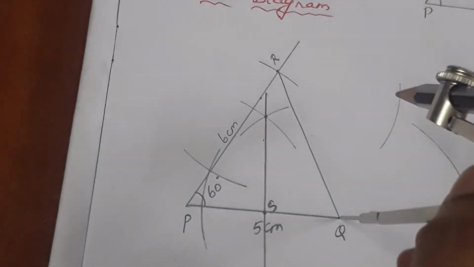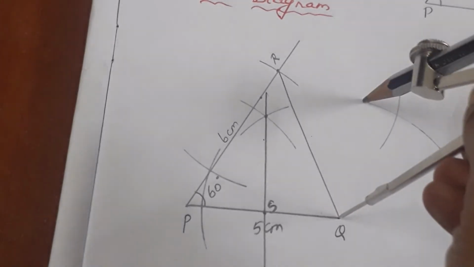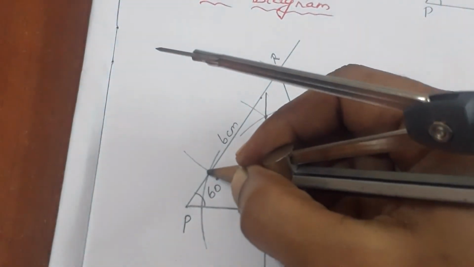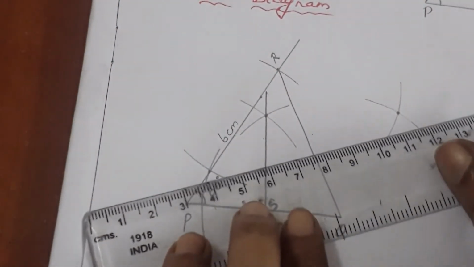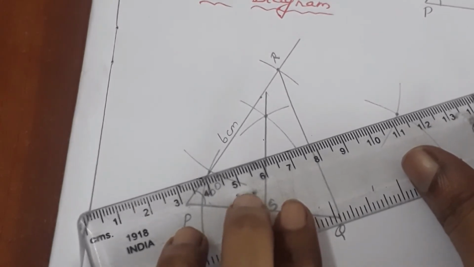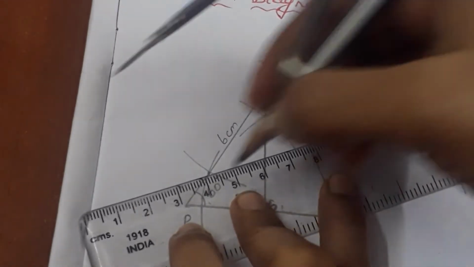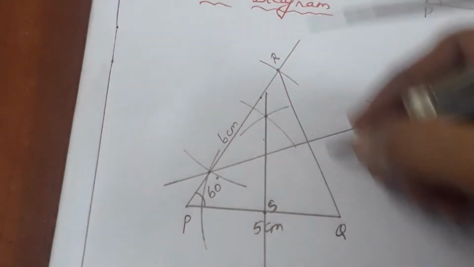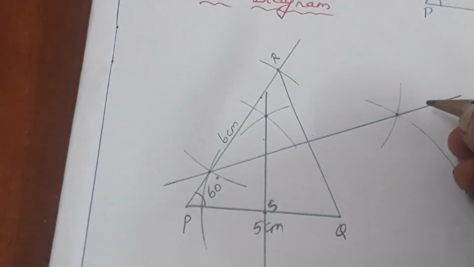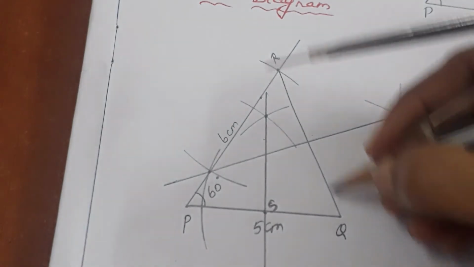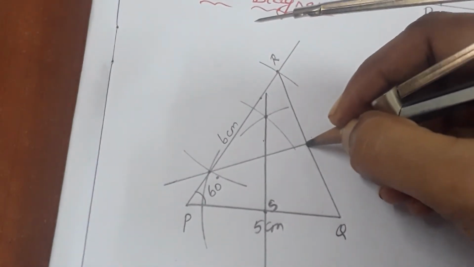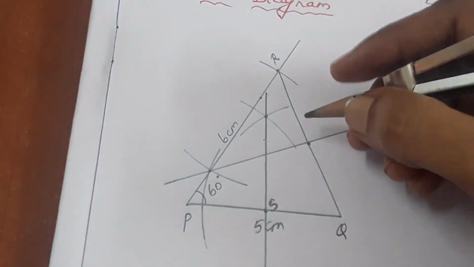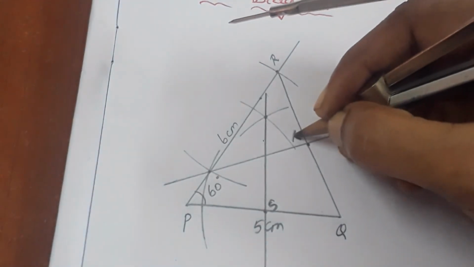If these two will not join, just adjust. Then mark these two intersecting points and join them. So this is our perpendicular bisector of QR. This perpendicular bisector and the line segment QR intersect here. So this point is known as the midpoint of QR. Name this midpoint as T.